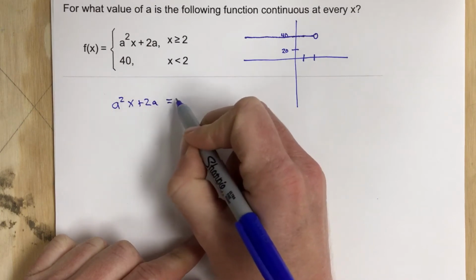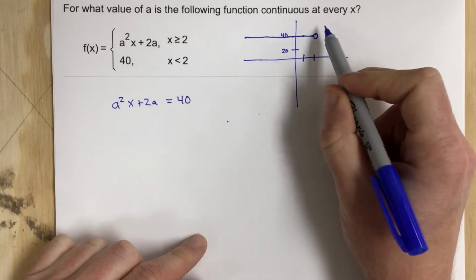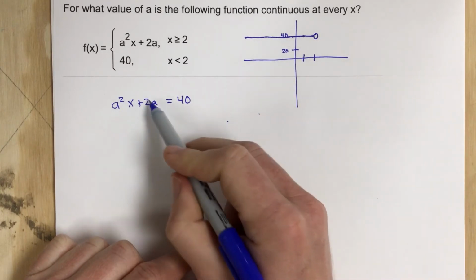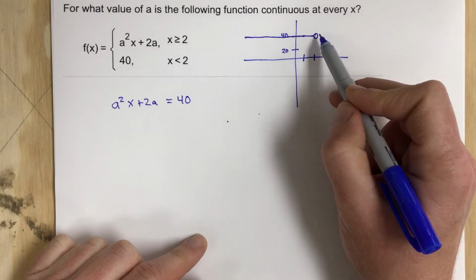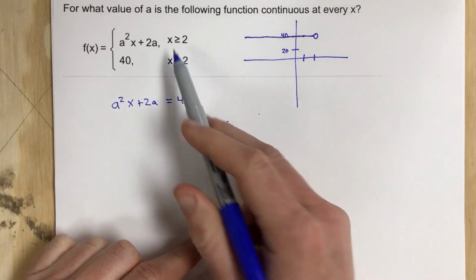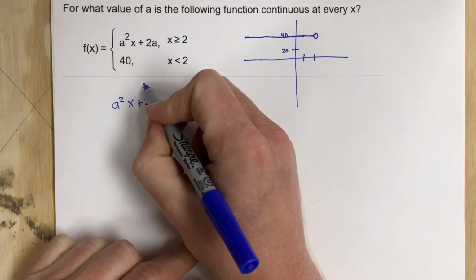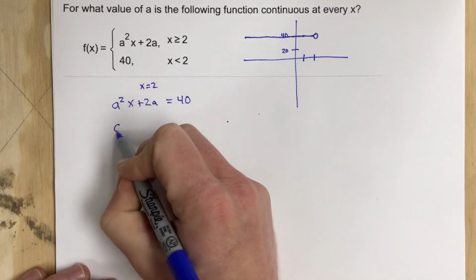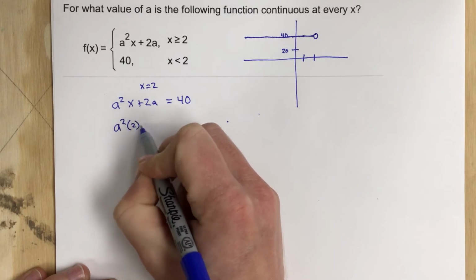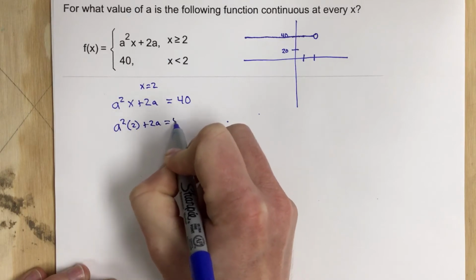We need that to equal 40 because we need whatever this outputs to be 40 so we can close that dot in. And we also need this to occur at x equal 2, so we can plug this in there and we get a squared times 2 plus 2a equals 40.